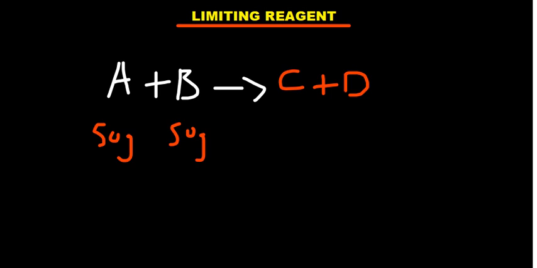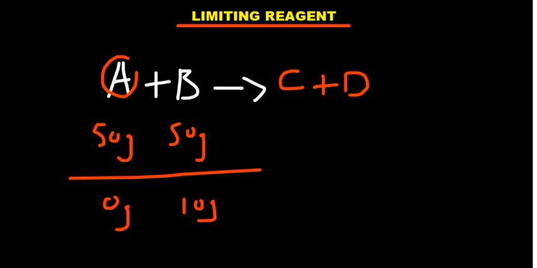It doesn't mean that they're going to finish at the same time or be used up together. No. Depending on the molecular mass of the two reactants, you may find that A finishes before B finishes. Let's assume that after some time, you find that there is 10 grams of B remaining, then 0 grams of A is remaining.